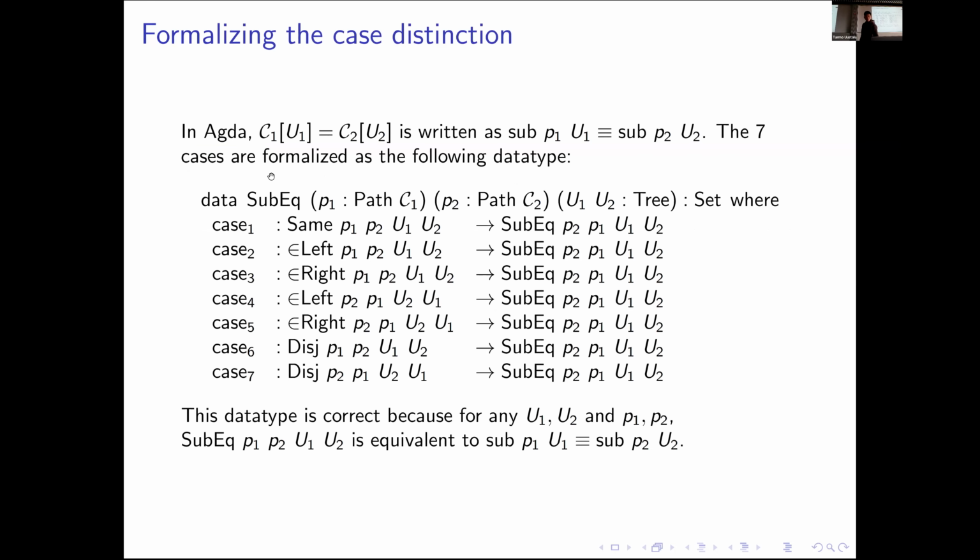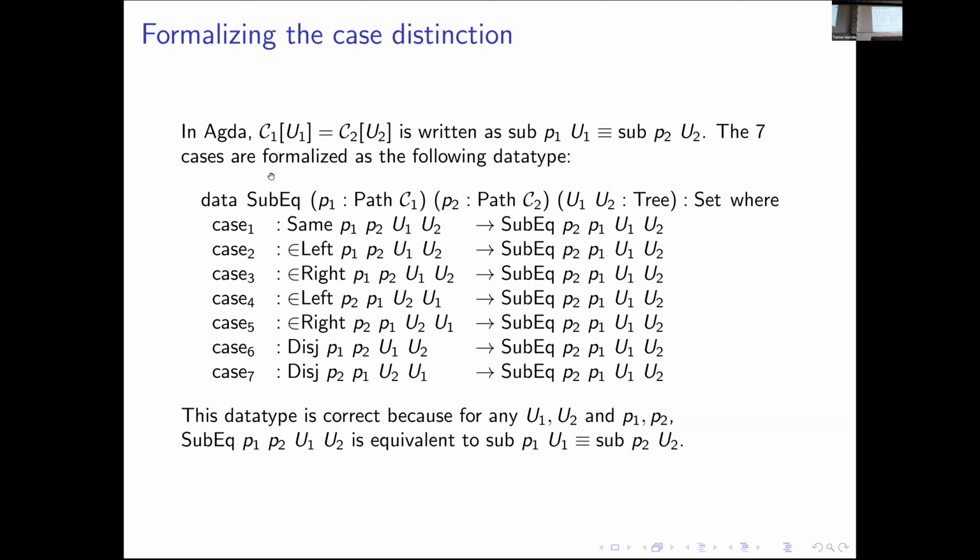And then we can formalize the case distinction type. In Agda, the equality of two substituted trees is written as this propositional equality.